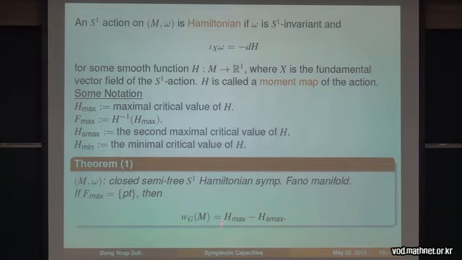In fact, the Gromov width is the difference between H max and H second max. So you have one maximal fixed point, and then the manifold goes down, and this part looks like a ball. It's kind of geometrically feasible, but anyway.